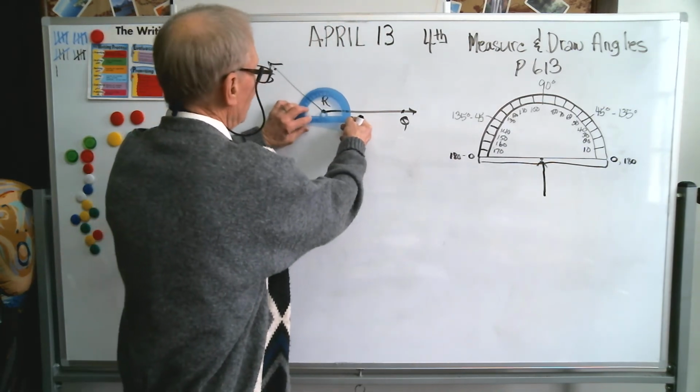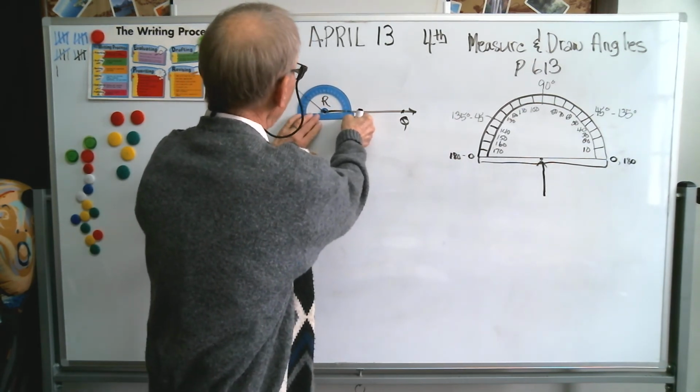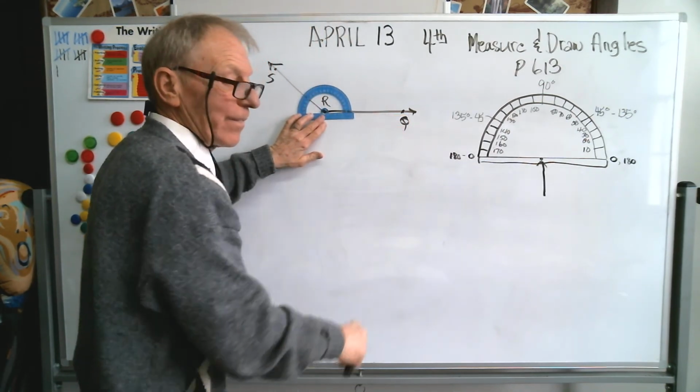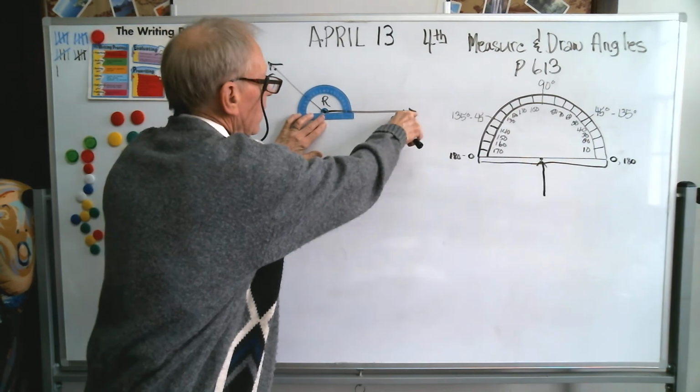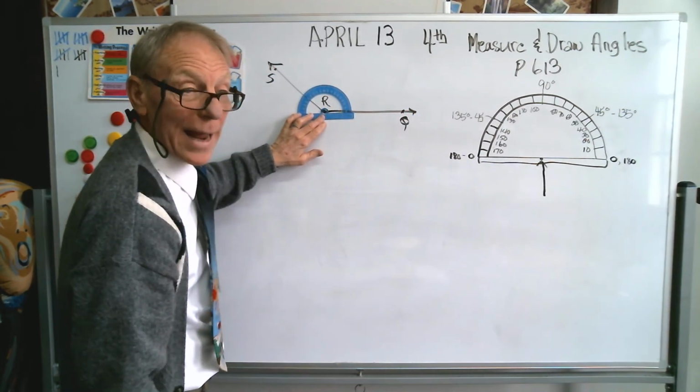We take our protractor, put it on point R, line up the zero with our, remember this is because of the arrow on that, that's a ray.